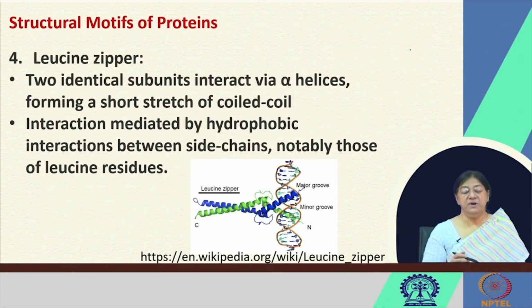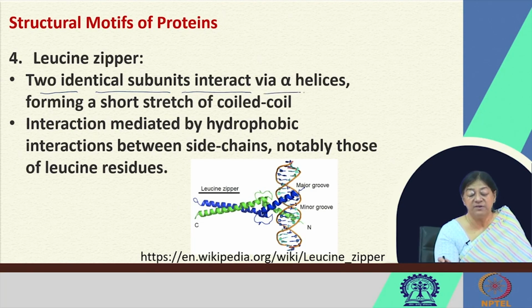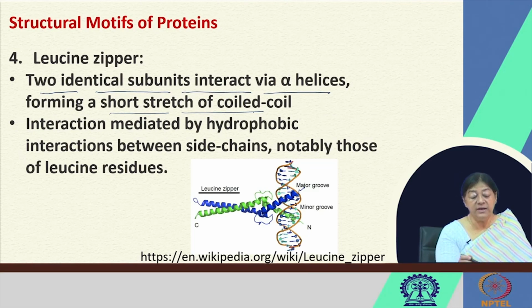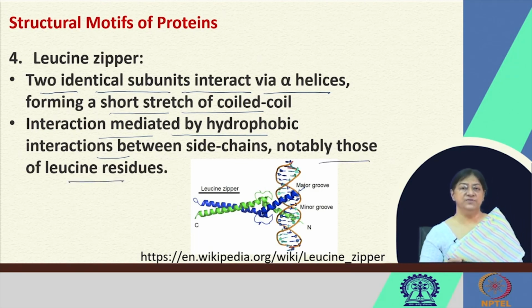A leucine zipper is another such motif where two identical subunits interact via alpha helices that form a short stretch of coiled coil, similar to what we saw in alpha keratin and myosin. And here again there is an interaction mediated by hydrophobic interactions, but in these cases these are mostly leucine residues.